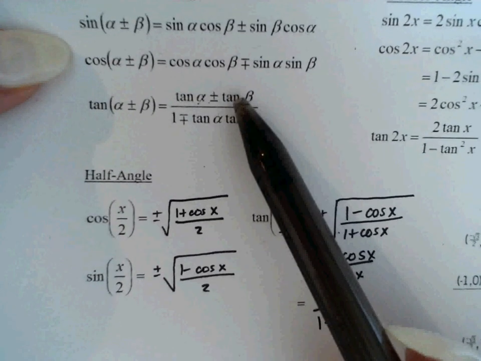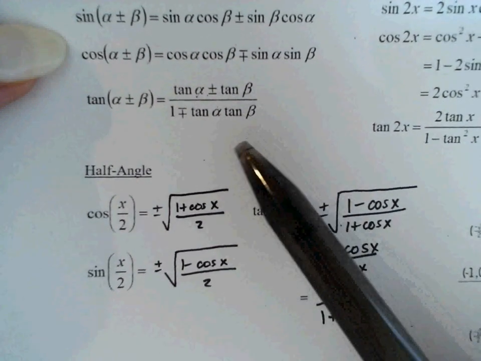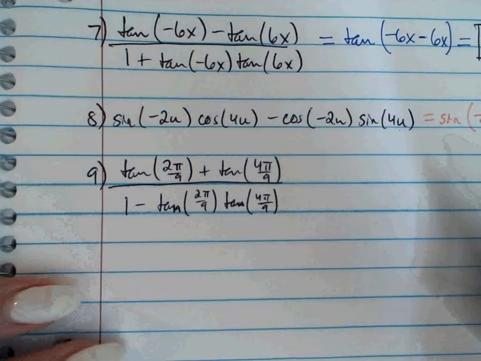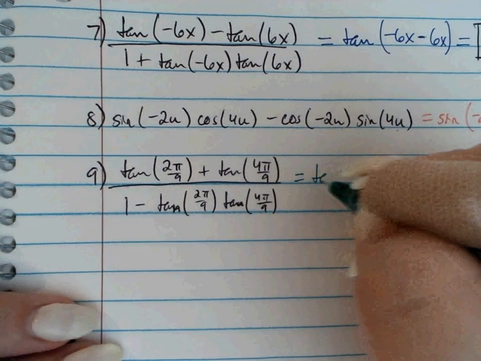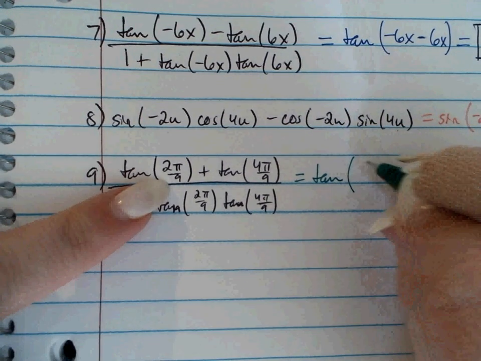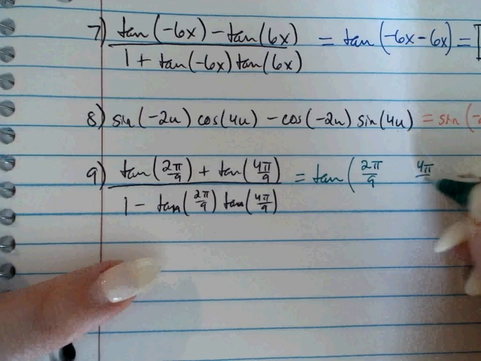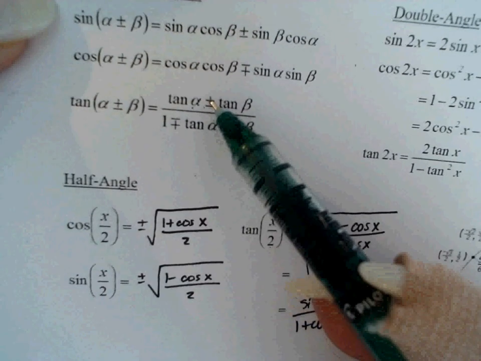Okay, so using my identity, I've got a tangent plus or minus a tangent over 1 minus or plus a tangent times a tangent. Those angles, alpha and beta, look like they're 2 pi over 9 and 4 pi over 9. So I know it's tangent of alpha, 2 pi over 9, and then something beta, 4 pi over 9.